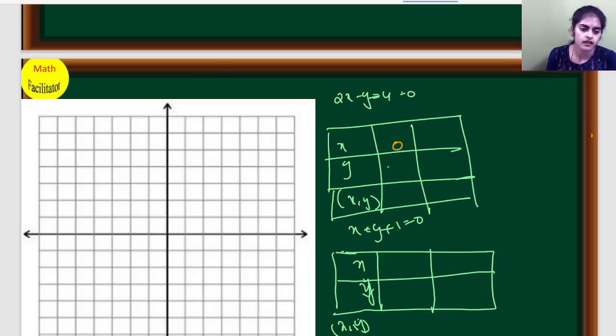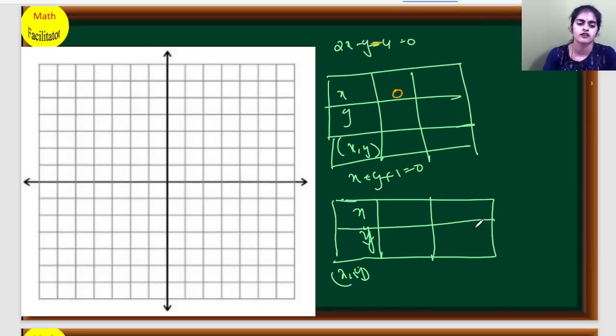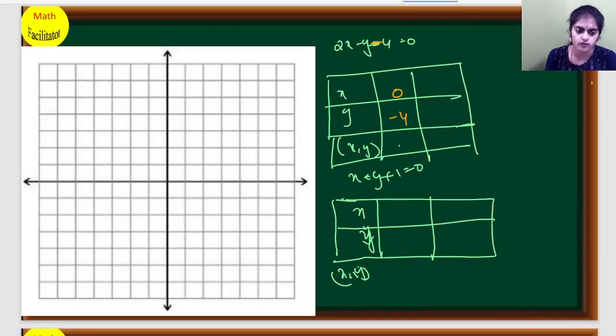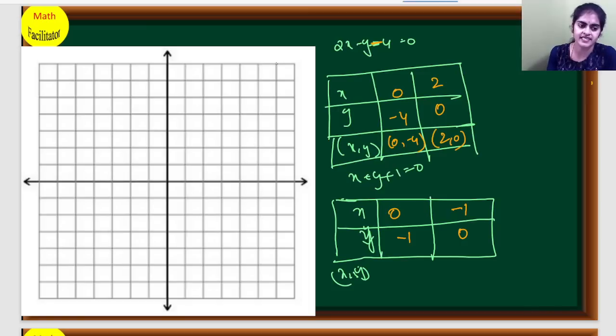This is minus y minus 4, is it? Yes. So y will be minus 4. So 0, comma minus 4 is one point, and if I take y as 0, 2x equals 4, or x equals 2. So the point will be 2, comma 0. And if I take x as 0 in the next equation, y will be minus 1. If I take y as 0, x will be minus 1. So these are the points we got here. So let's take the scale.